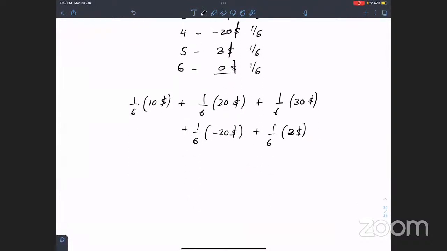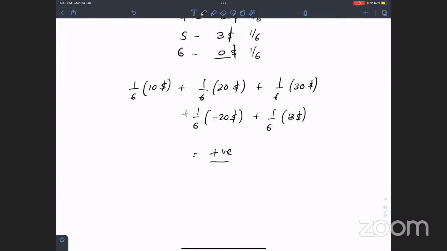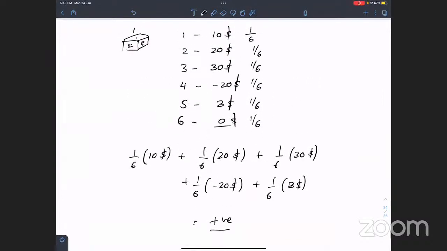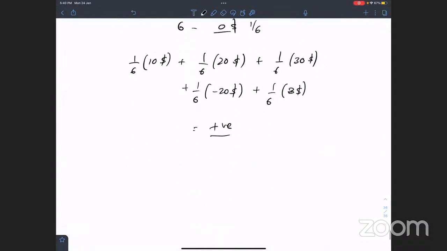When you sum this up, you're going to get some value at the end of the day. If that is positive, that is a good move for you. It's called a positive EV game.